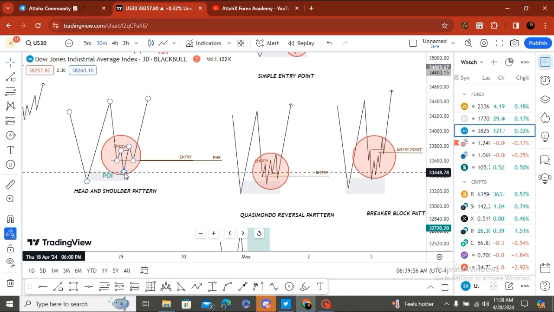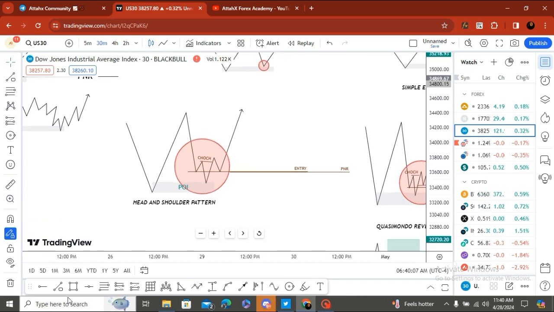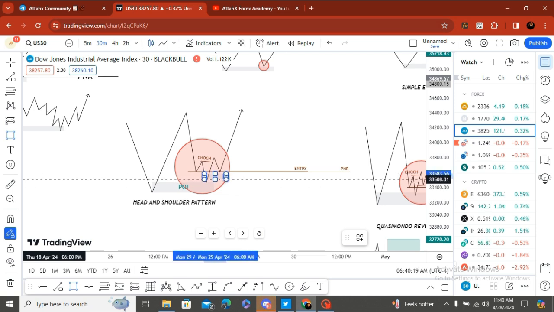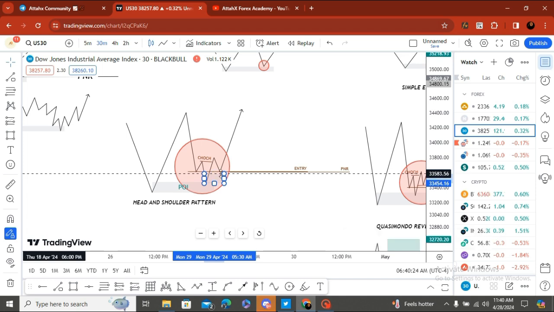Price mitigated your demand zone, you waited for a change of character, and then your entry should be at this point. You should be picking that order block that caused this neck. That's the order block at this neck is what you should be picking as your entry and as your stop loss, right?